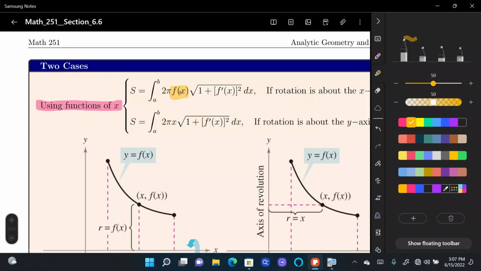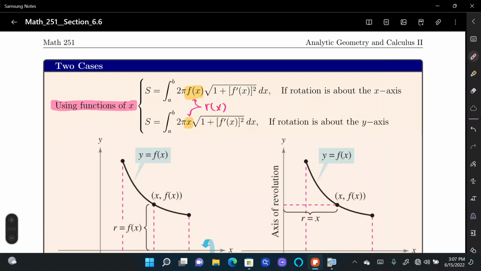Depending on how we go about the rotation, our r of x, which is the distance from the stick of the lollipop to the outermost point along the shape of the candy, can be the given function itself or simply x. How do we explain that?